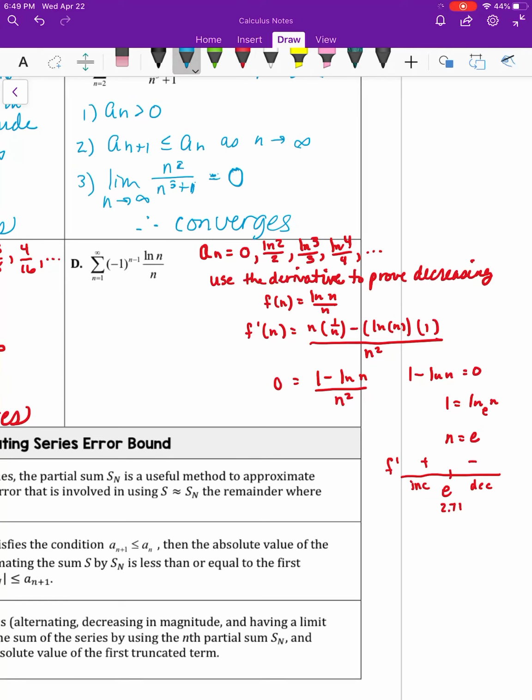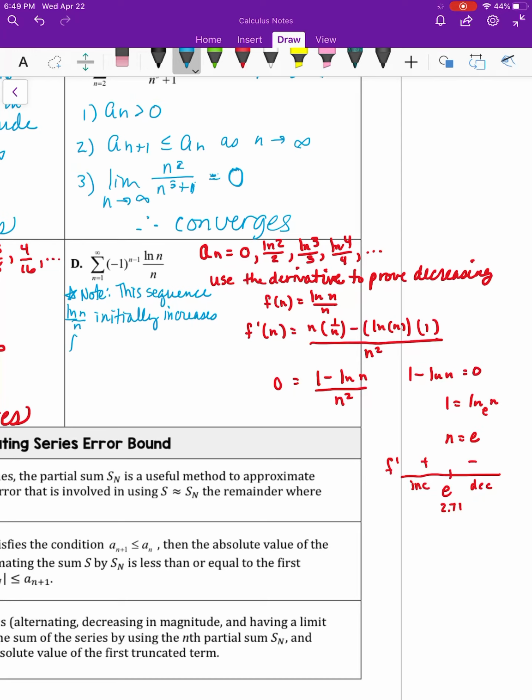If you put a 3 in, you should see it's negative. So we have an increasing function, then a decreasing function. So it is in a little funny situation because it's not decreasing the whole time, but it is decreasing as n goes to infinity.